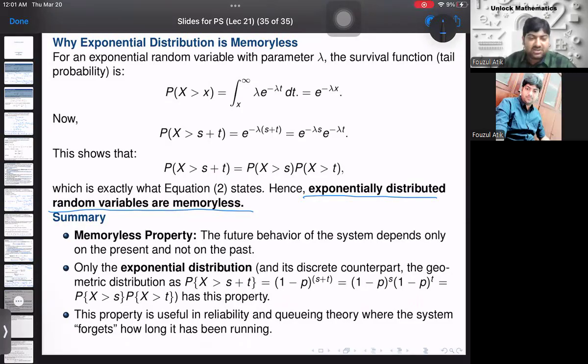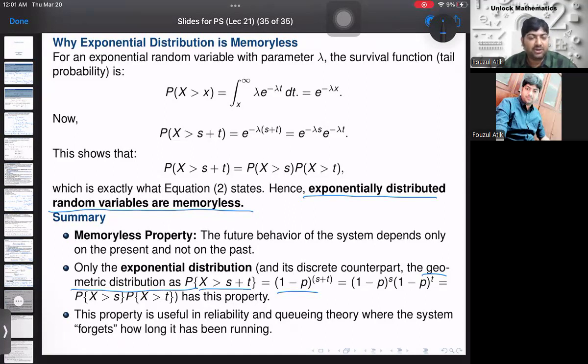And the only such distribution among continuous random variables is the exponential distribution, and in the case of a discrete random variable, the geometric distribution is also memoryless. For a geometric random variable, you can see that P of x greater than s plus t follows P of x greater than s into P of x greater than t.